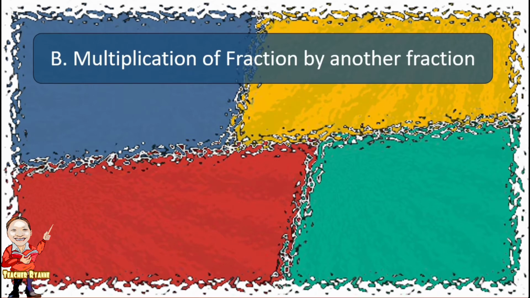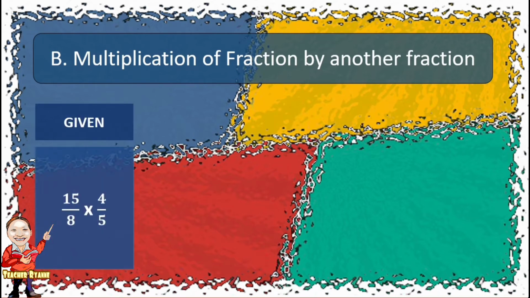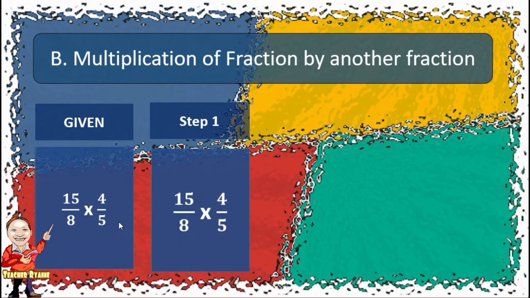multiplication of a fraction by another fraction. Okay, for example, we are given 15/8 times 4/5. Obviously, they are both fractions, so we don't need to put an imaginary 1 because they are already fractions. So we will look for a common divisible between them across. For 15 and 5, what is the common divisible?